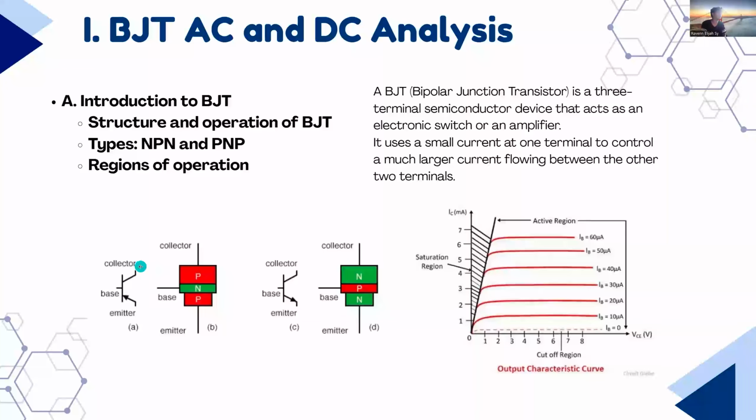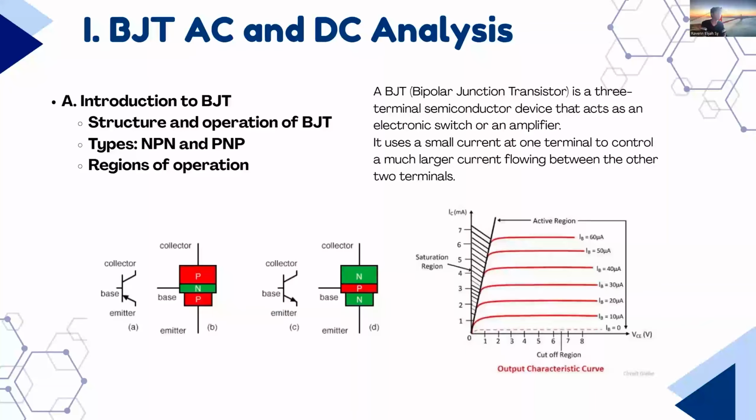These are their terminals: collector, base, and emitter. By feeding a tiny current into the middle layer, or the base, we can control how much larger current flows between the emitter and the collector. Essentially, it is like an electronic valve.